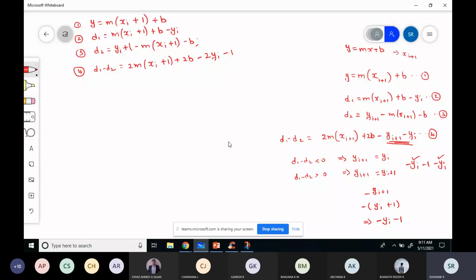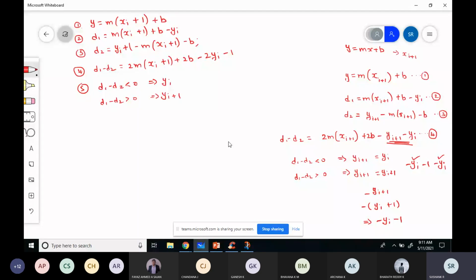Now the next part. I told you that based on this d1 minus d2 only, you will decide which point to select. If d1 minus d2 is less than 0, we select yi. If d1 minus d2 is greater than 0, we select y of i plus 1.